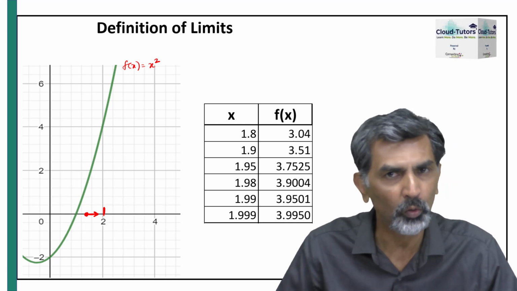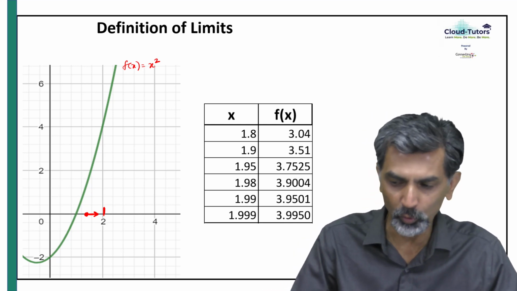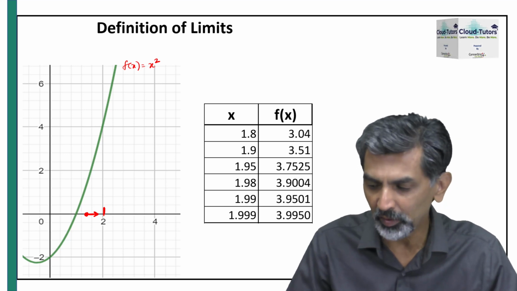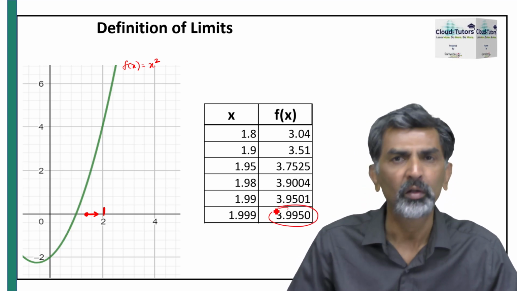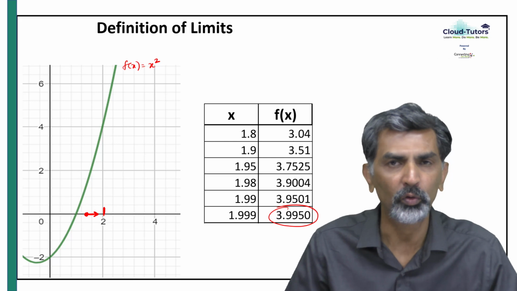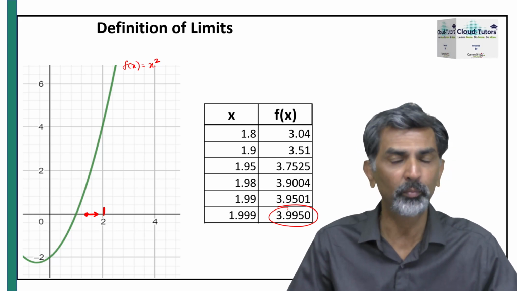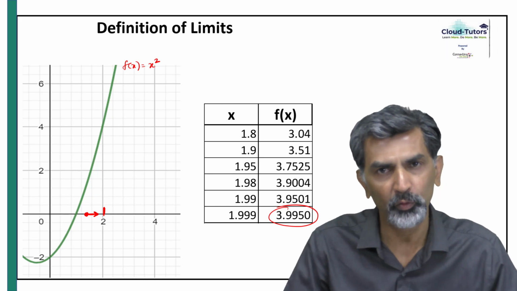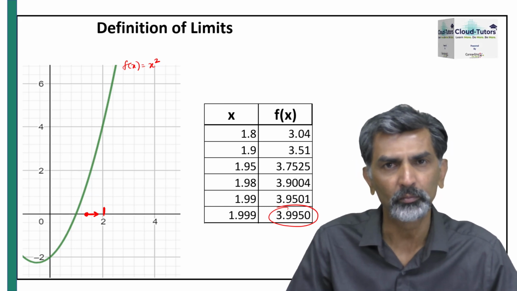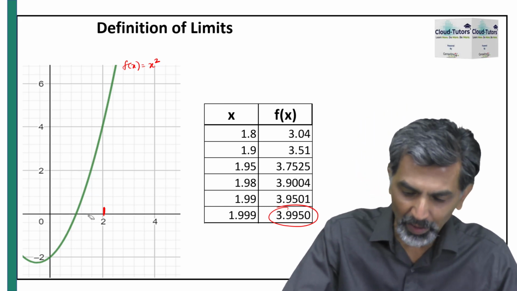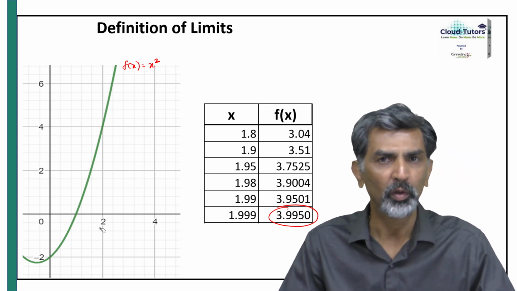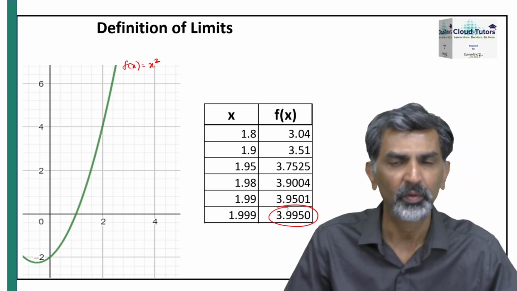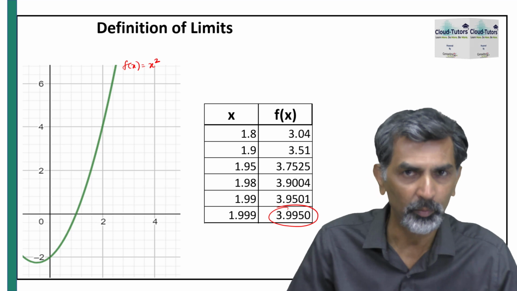As we went closer and closer to x is equal to 2, you could see that the value of f of x approached 4. And this is a very simple example, and it is easy to see why f of x approaches 4. So as x approaches 2 from the left hand side, f of x approached 4.